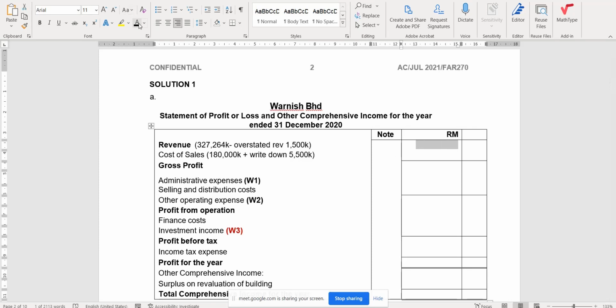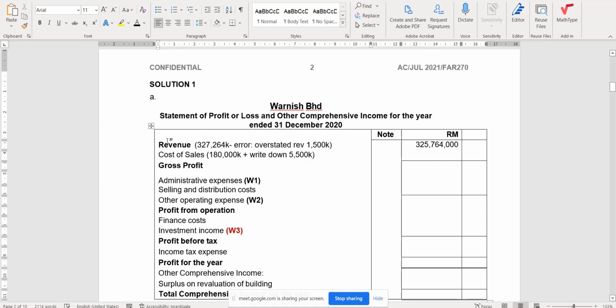The revenue should be, I'm following the template that I have already prepared. The revenue is going to be 325764 because you have removed the overstated revenue that was an error, right? Meaning that the revenue here is the error for the overstated revenue that you have removed.